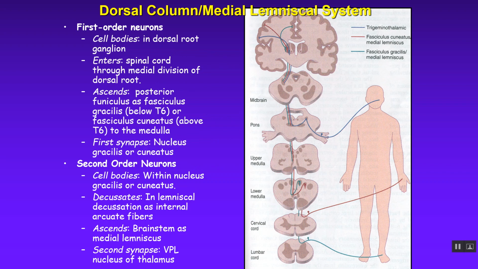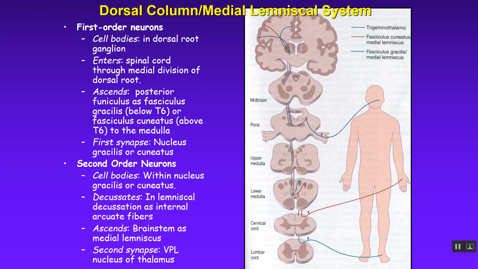So here we go. We're going to go through the pathways. For most of these pathways, we're going to talk about the upper extremity versus the lower extremity, and we're going to talk about orders of neurons. There's more than one neuron involved in these pathways.